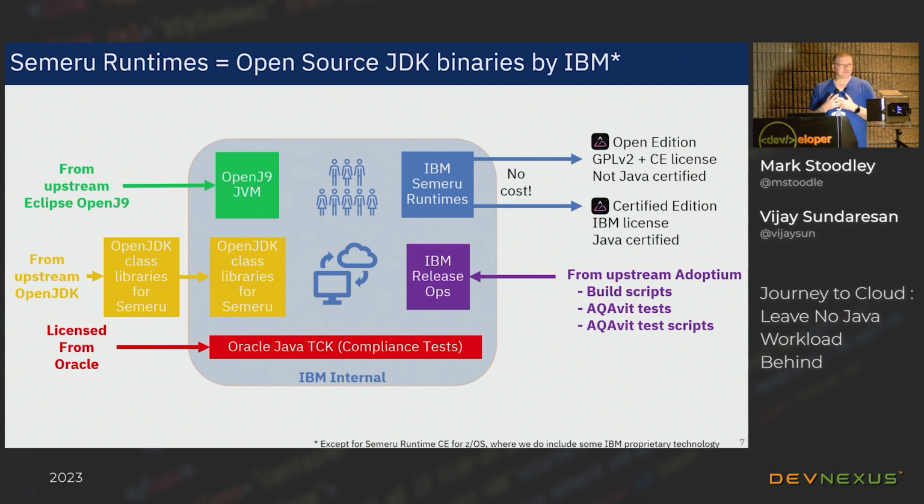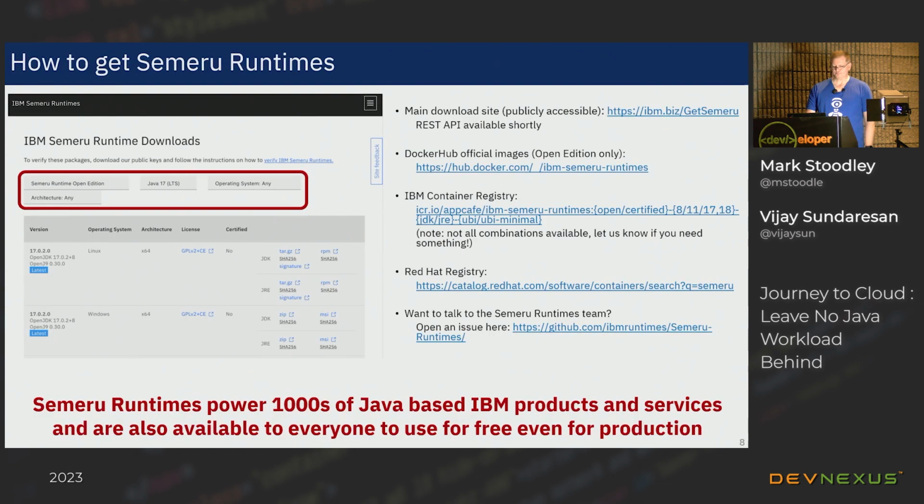IBM builds it, we make it available. There's 2 editions, doesn't really matter too much. One of them has an open source license, the other one has an IBM license, and one of them we've run the Java certification tests, and one of them we haven't. We run copious quality testing using the Eclipse Adoptium project before we would release anything. It's very easy to get, although we primarily invest in IBM Semeru Runtimes based on the needs of our stakeholders and our product and business.